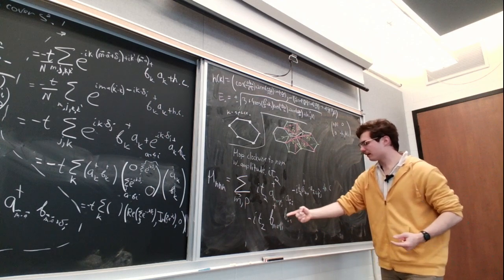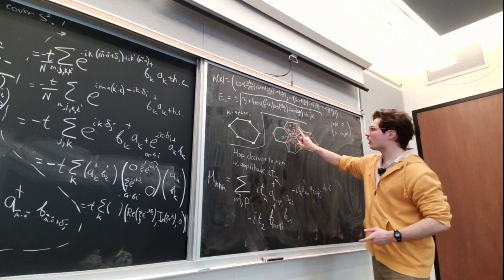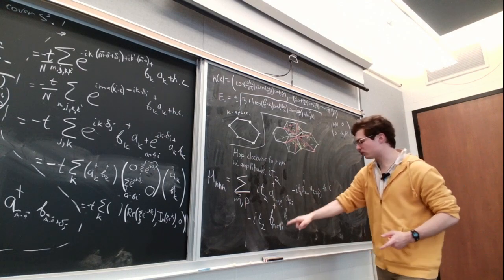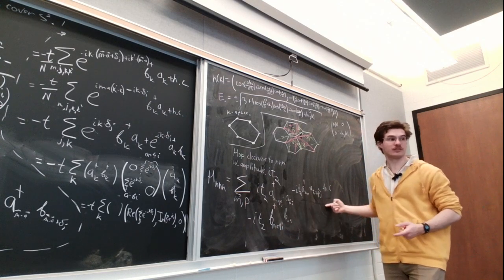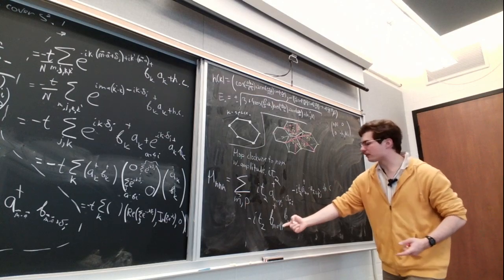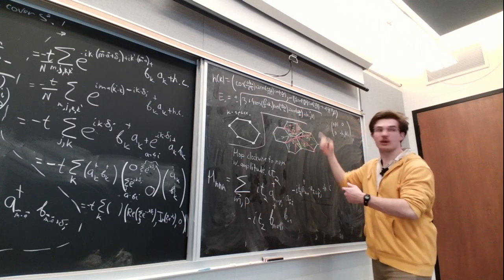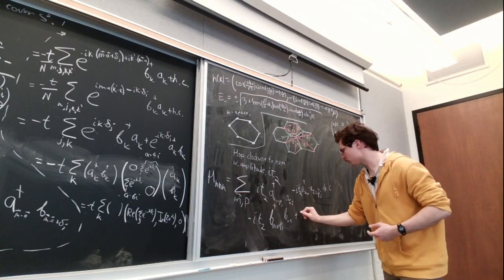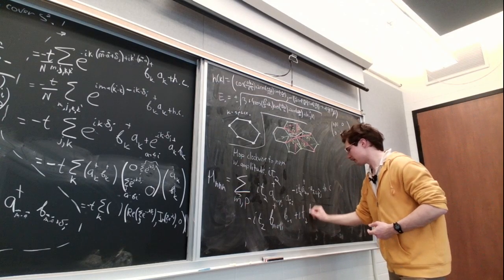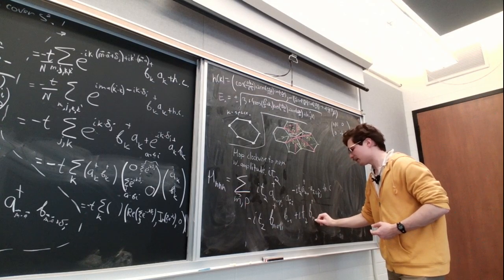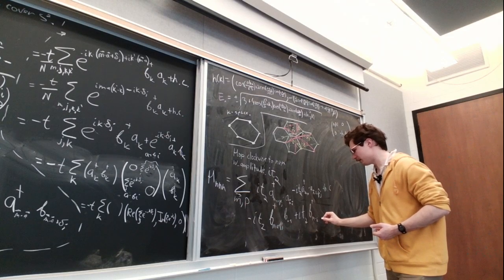So for the B sides, hopping in the gamma j directions is like this term. Do you agree? Because for them, hopping this way is actually hopping towards and not hopping away. And so then this is going to be it2 b dagger m dot a.